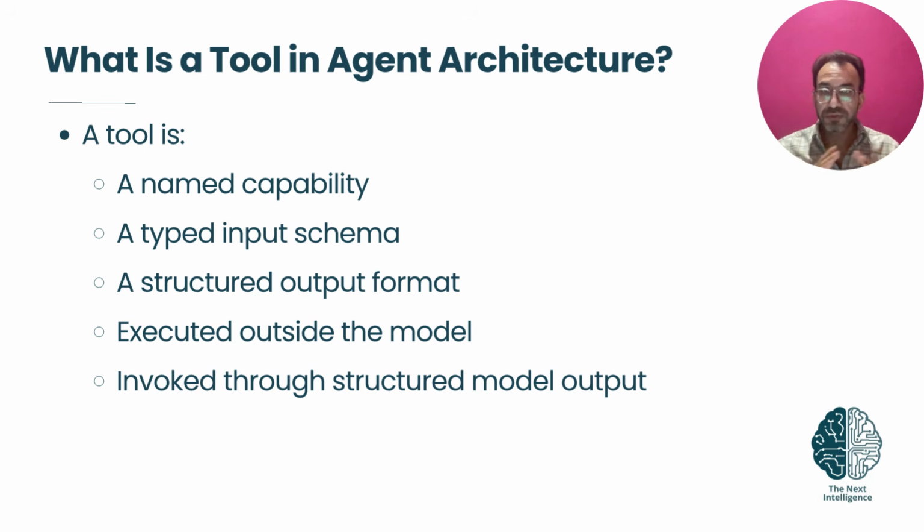The most important principle here is that the model doesn't execute the tool itself. The model generates a structured request to call the tool, and the orchestrator executes it, not the model. This separation is critical, because reasoning must remain probabilistic while execution should be deterministic.